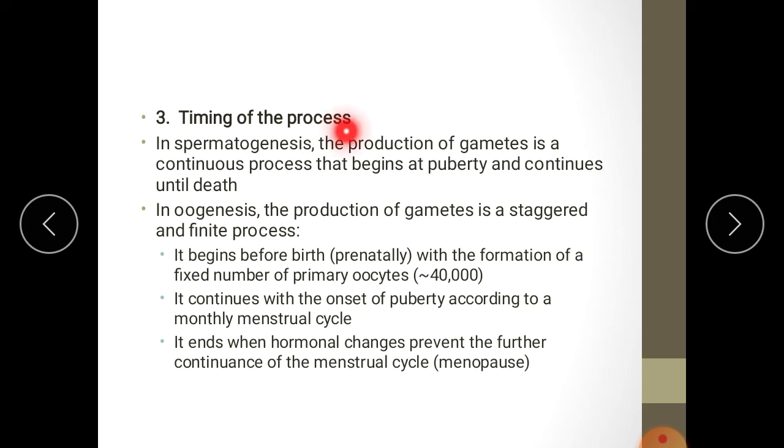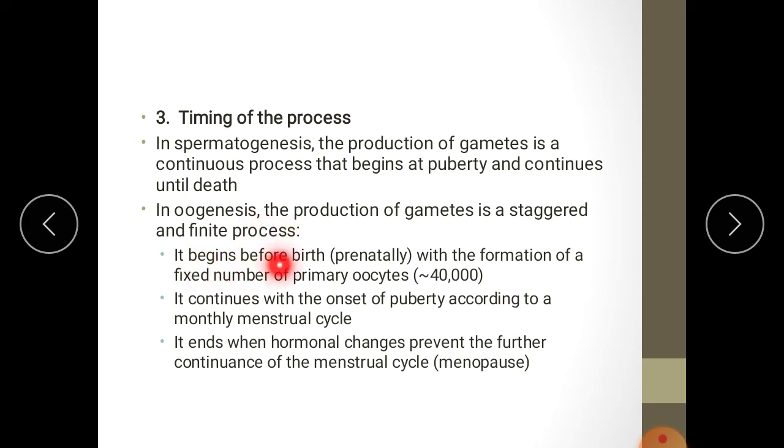Then timing of process. In spermatogenesis, the production of gametes is a continuous process that begins at puberty and continues until death. In males, spermatogenesis begins at puberty, but it continues until the death of a person. Whereas in oogenesis, the production of gametes is a staggered and finite process.